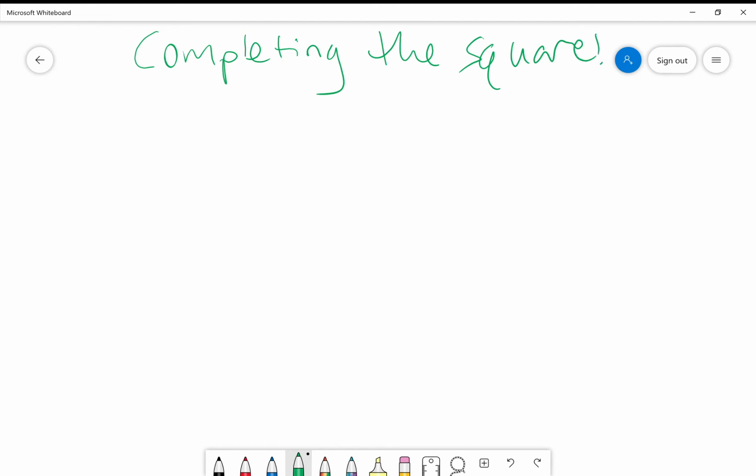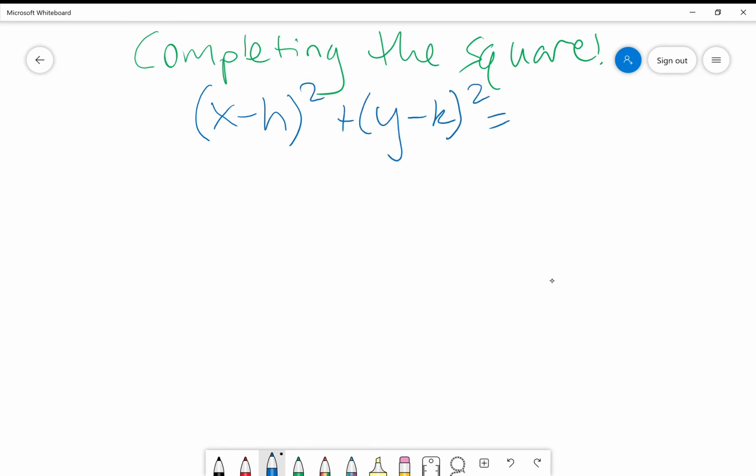Alright, so we have our wonderful circle equation, which is x minus h squared plus y minus k squared equals r squared, where the center is h, k, an ordered pair, specific to x and y, but for the center of the circle. And then r is our radius.